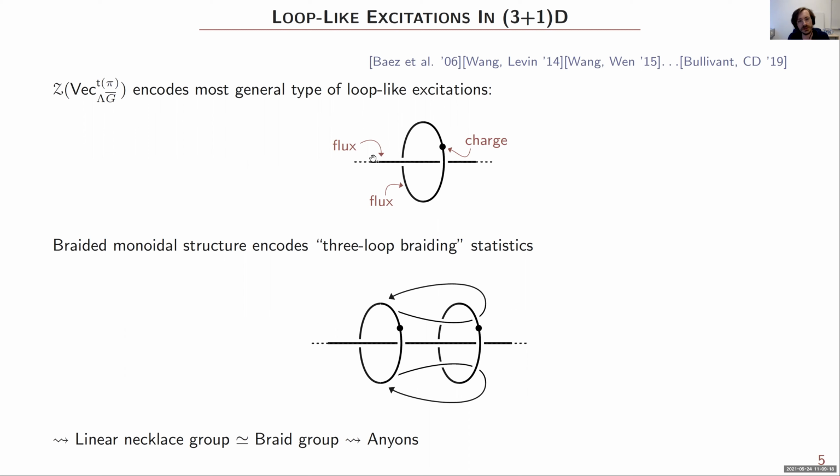And this threading flux is important because it can constrain the quantum numbers associated with the other flux and the charge. With this in mind, the braided structure of your category encodes what is sometimes referred to as the three-loop braiding statistics, which is the braiding of two loops while being threaded by the same flux.